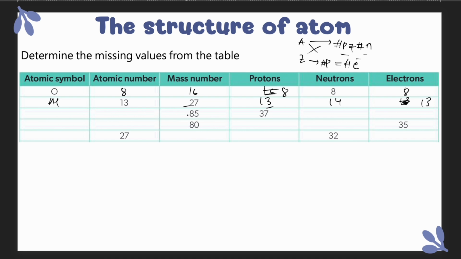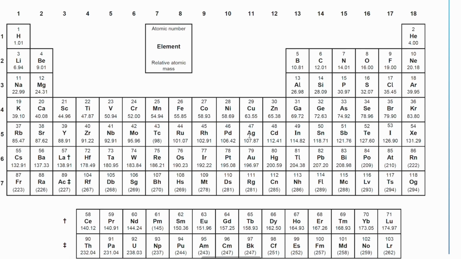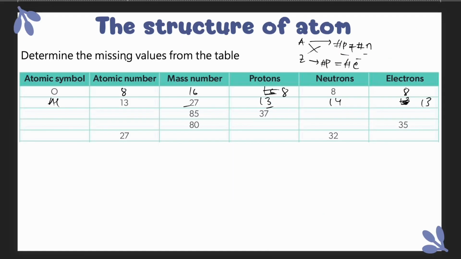Then 85, let's see, 85 is the element rubidium with the atomic number 37. So protons 37, and the number of neutrons is mass number minus number of protons, which is 48. Number of electrons is the same as protons, 37.